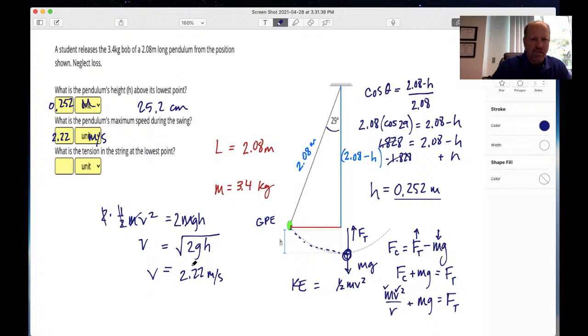We know r because that's the radius of the circle, or the length of the pendulum. We know m, we know g. So the only thing we don't know here is F sub t.